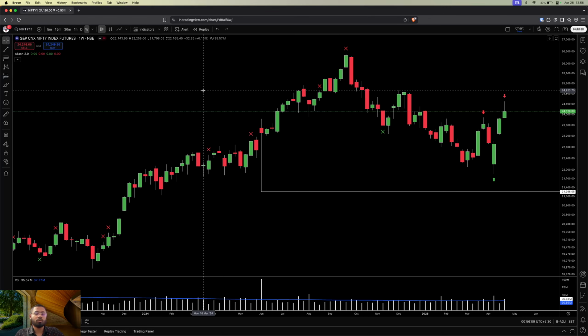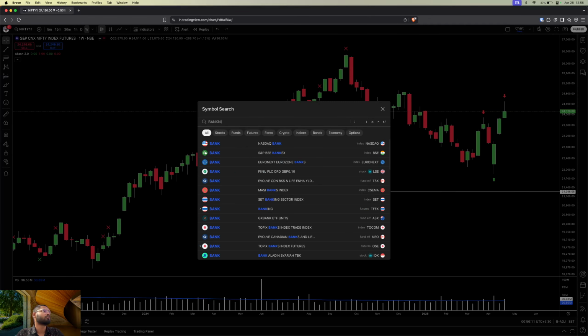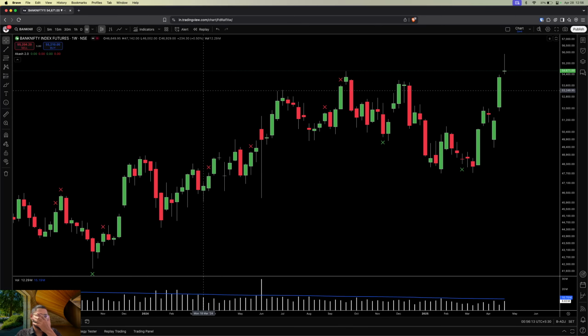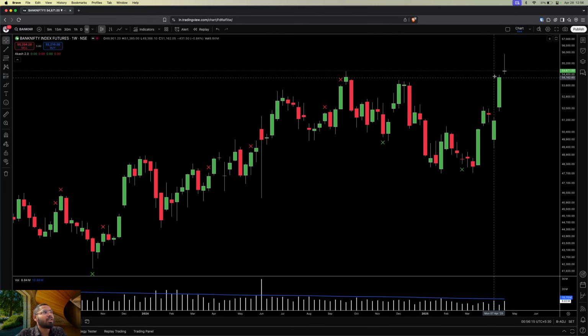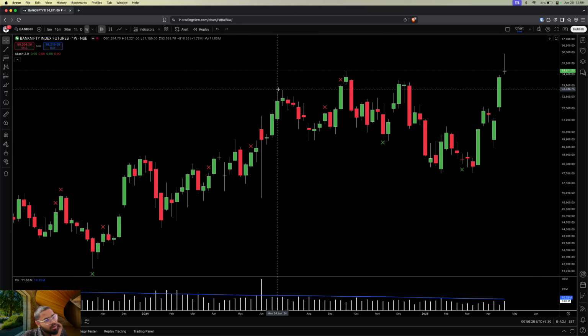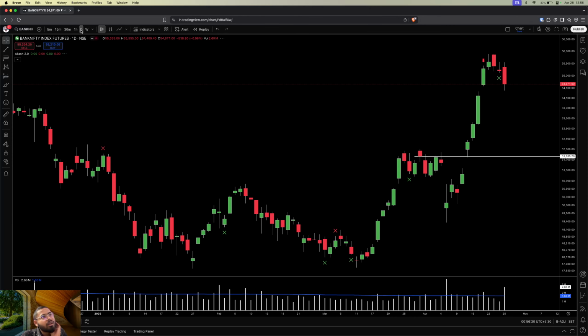Now let us move to Bank Nifty. I would say that this is actually a sign of weakness because after a stretched uptrend and crossing the all-time high, it closed above but with a pin bar. So maybe this is also a sign of weakness in Bank Nifty.